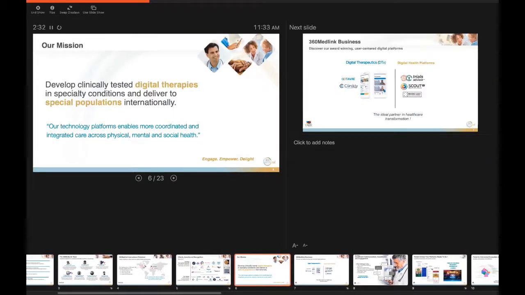Our focus and our mission is really to bring to market clinically tested solutions in the digital area, with a special focus on special populations. Some of the reasons are that we know, especially now with COVID, how it has impacted different populations, and sometimes communication in healthcare doesn't work as efficiently when the cultural, religious, and ethnicity aspects are not taken into consideration.